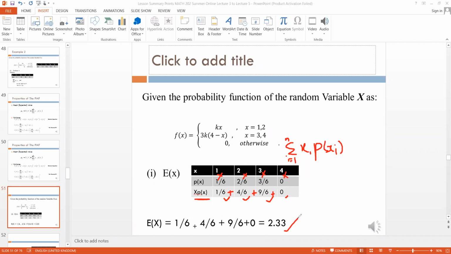So all you do is multiply the x with their corresponding probability, then you sum everything up, and that will give you the expectation of the process.